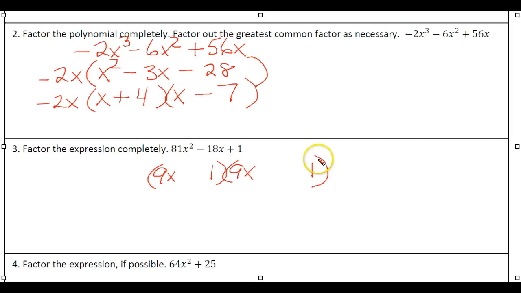My outers are 9x, my inners are 9x, but they both must be negative. There we go. And another way to write that, remember, is 9x minus 1, the quantity squared. But this is how they have it in our answer key.